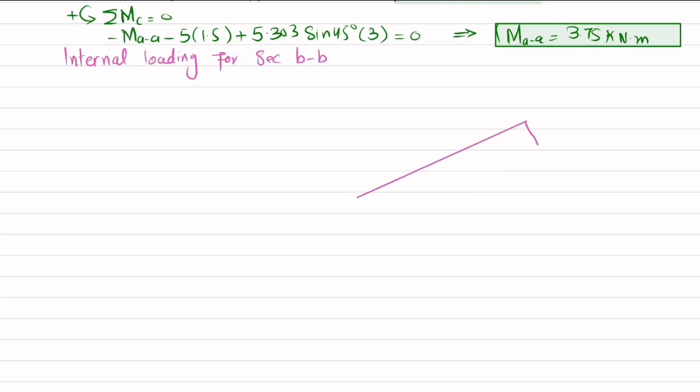So this is the beam, and this is the section BB. Here you have N, that is 5.303 kilonewton, making 45 degree with this. Here we have N, that is 5 kilonewton.